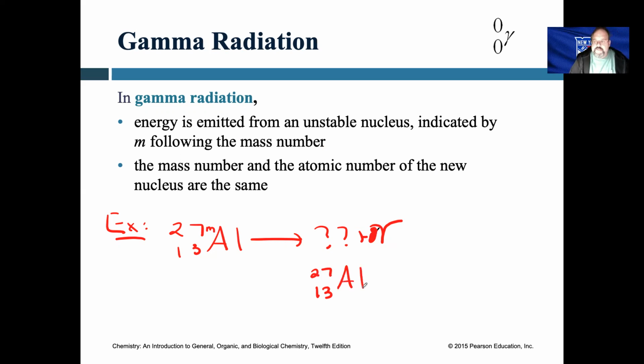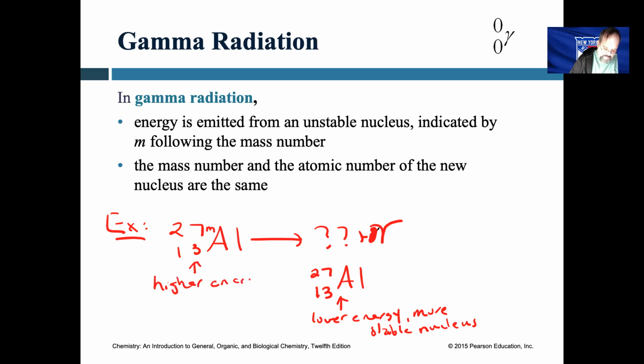The difference is this aluminum is going to have a lower energy, more stable nucleus, where the aluminum we started with has a higher energy, less stable nucleus.